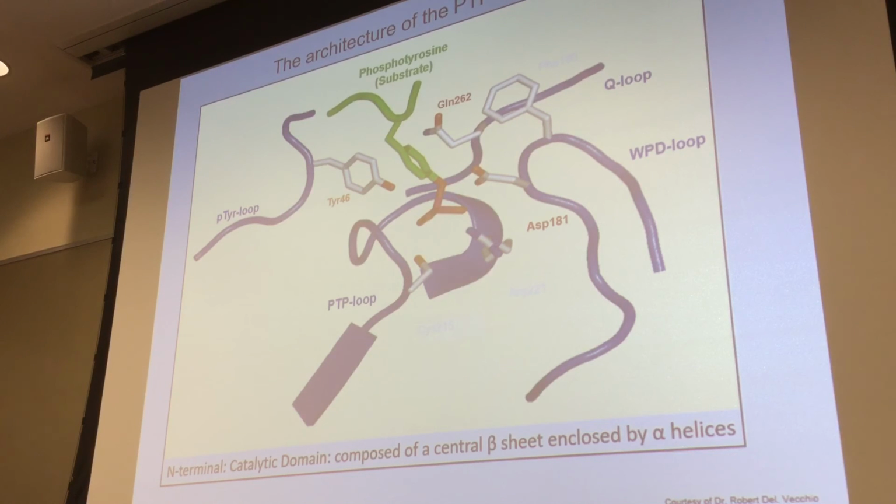So here's a little bit about how it works. Here's our substrate over here, and our phosphotyrosine substrate in the green is going to be intercalating into the catalytic site, which is this activation loop over here, and then the phosphate will be able to interact with the aspartate and be hydrolyzed.